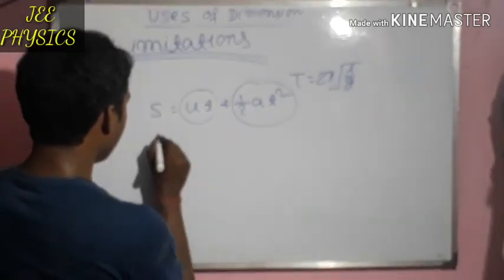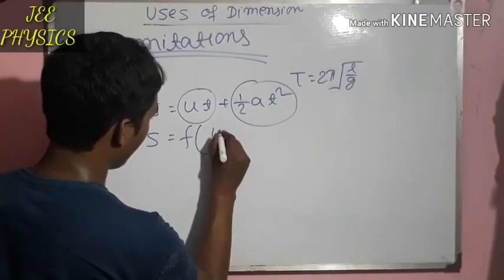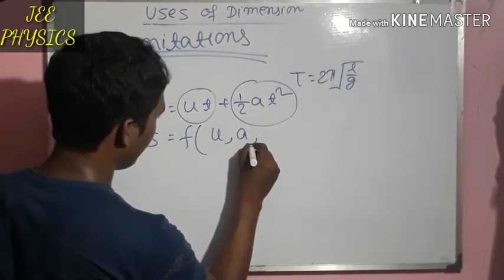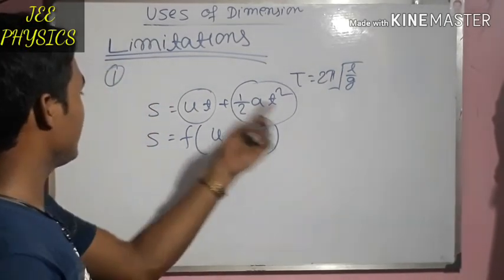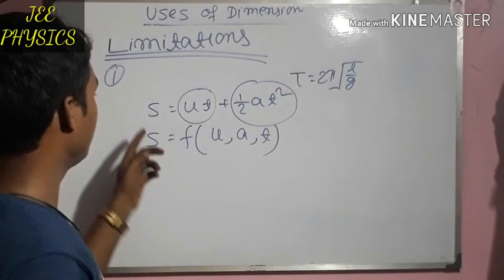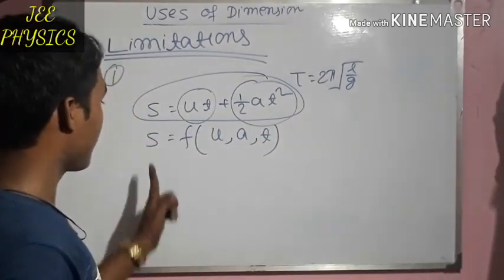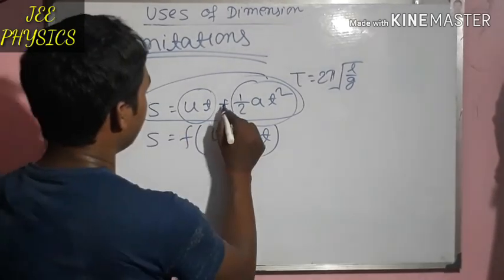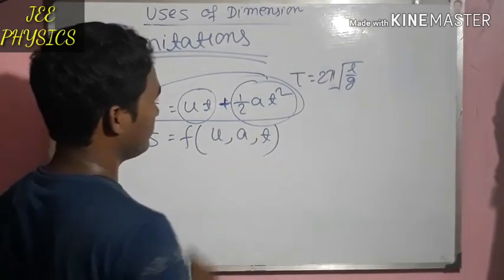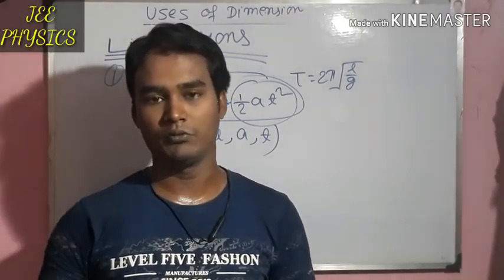So if you write s is a function of u, a and t, and then try the dimensional method, you will not get this equation because there is an additive term. So in case of an additive term, the dimensional method cannot be used.